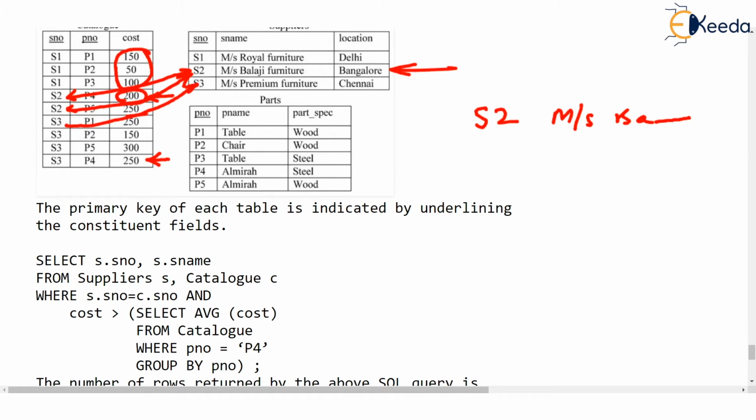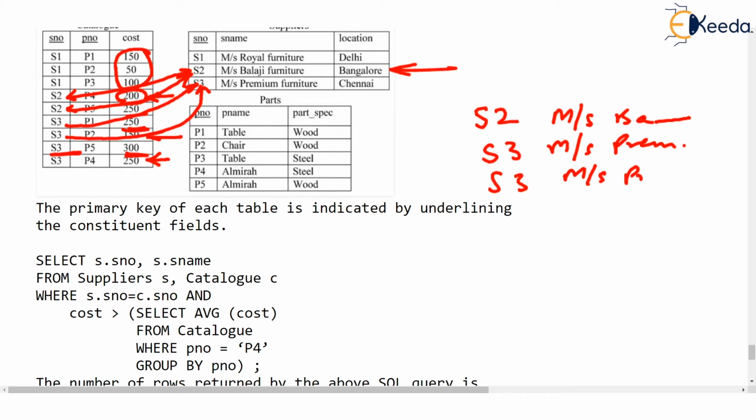So S3 is the supplier, MS Premium, who supplies a part whose cost is greater than the average cost of P4. You can see S3 joins S3 here, but the cost is 150, not listed. But this S3 has the cost 300, so S3 will be listed again with MS Premium. I hope you are understanding. And then S3 again has 250 cost, so S3 will be listed.